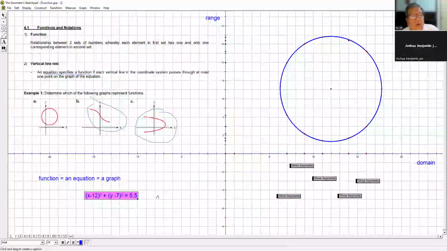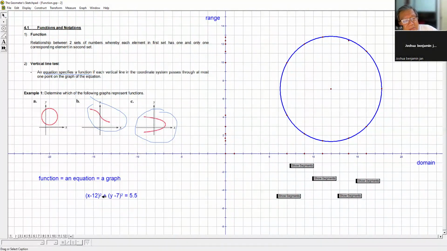Okay. So probably this graph here, which is a circle, can be represented by an equation like this.